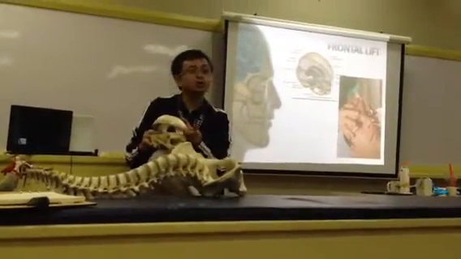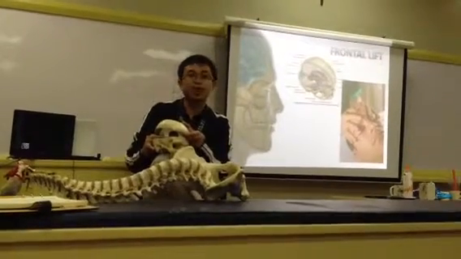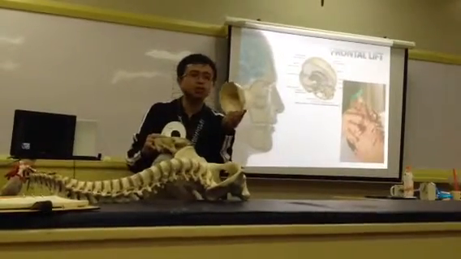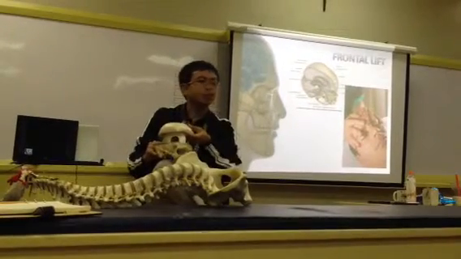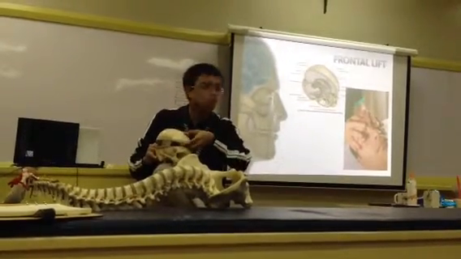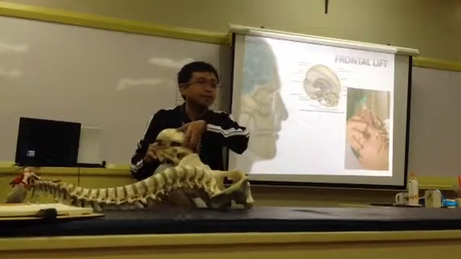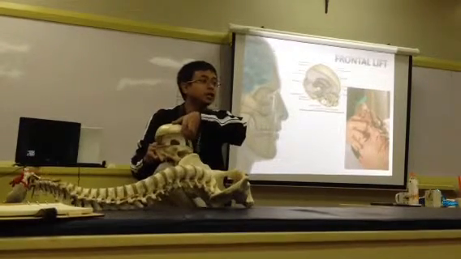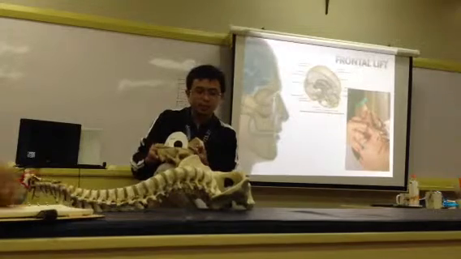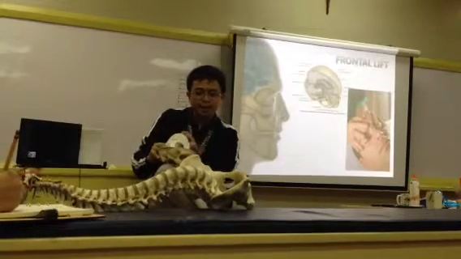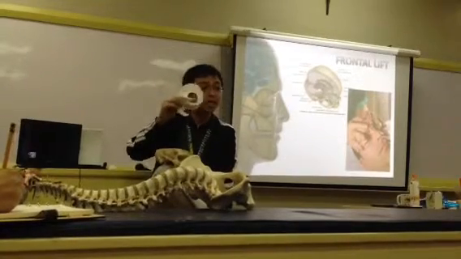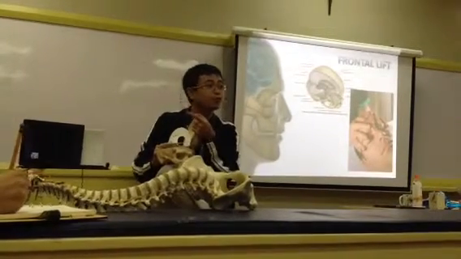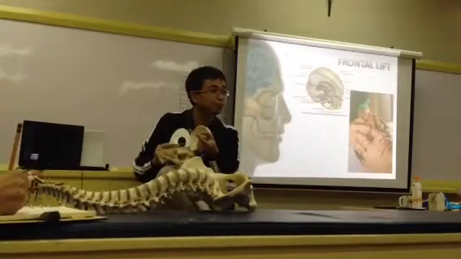So that is the difference in beliefs that we have. Under craniosacral therapy, sutures are movable, according to them. For the frontal lift, we will try to lift the frontal lobe superiorly. If we move it superiorly, the falx cerebri and even the falx cerebelli will also move together with the frontal lobe.